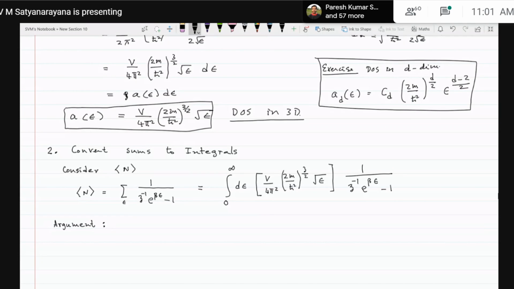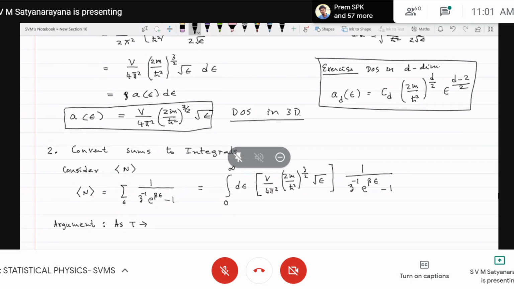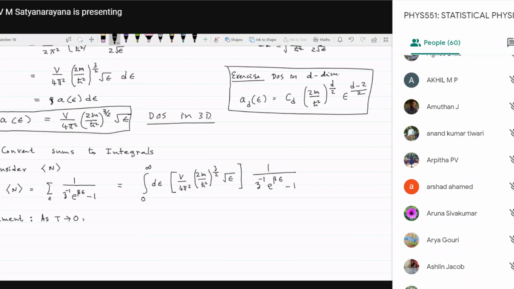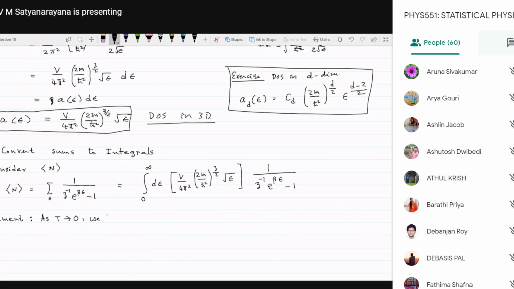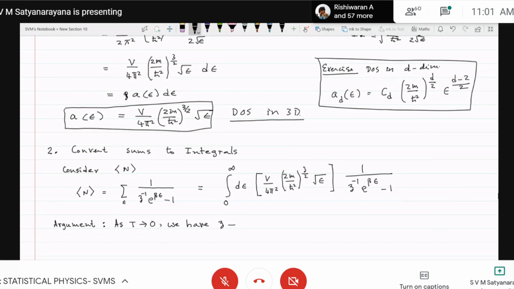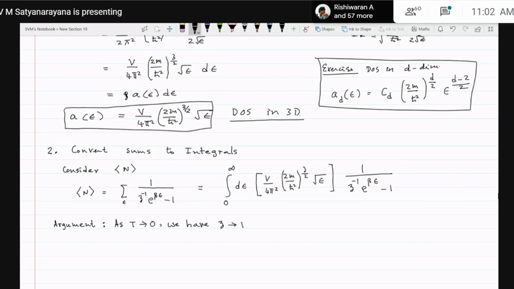As T tends to 0, the fugacity tends to 1.